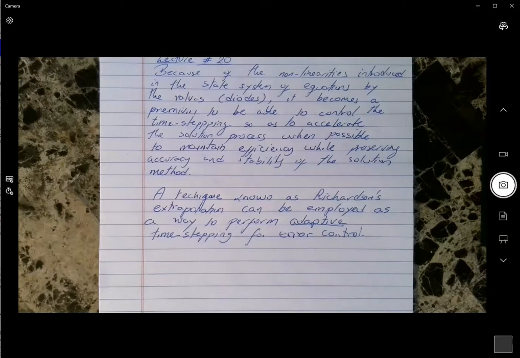So maybe we can use this idea to say, for example, well, let's solve the problem, and instead of solving it all the way to the final time, let's solve it only to the next time step by taking one time step, the predefined time step. So you say, okay, I want my time step to be 0.1 seconds. I know it's not going to work, but I'm going to make it 0.1, so the largest possible that I can think of.